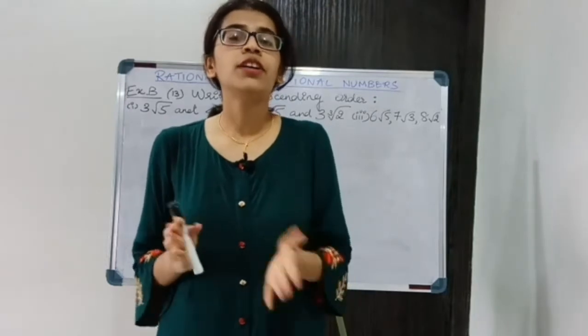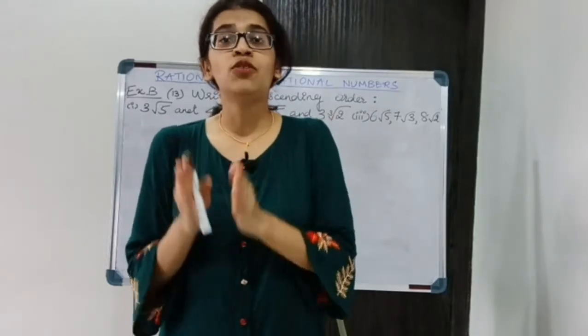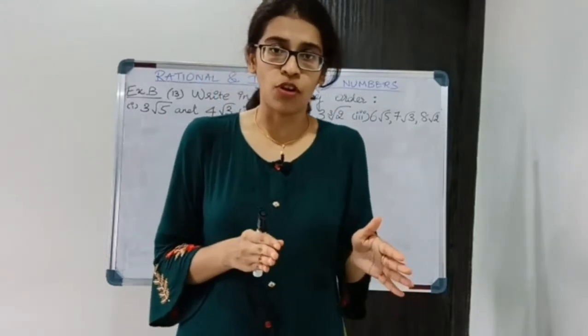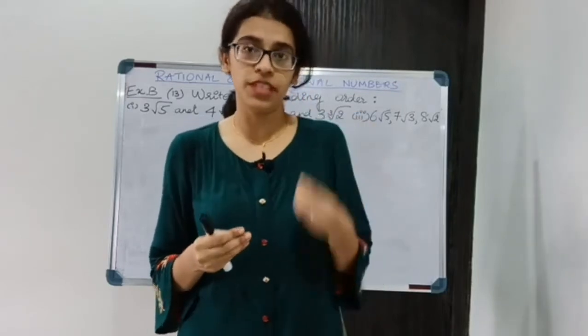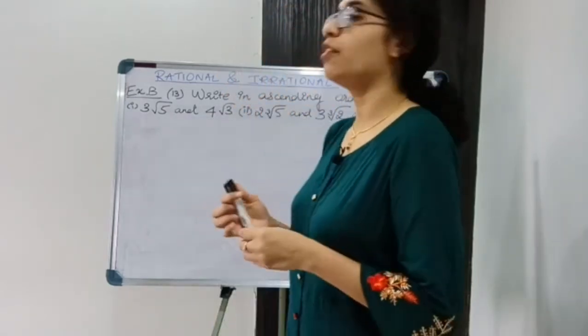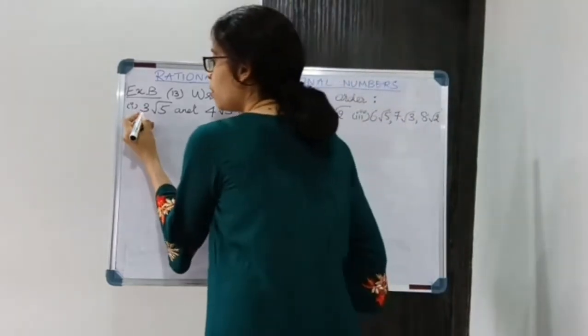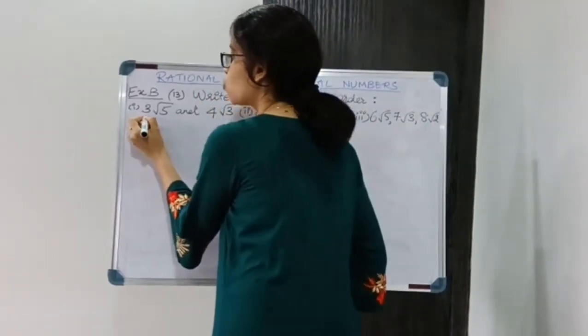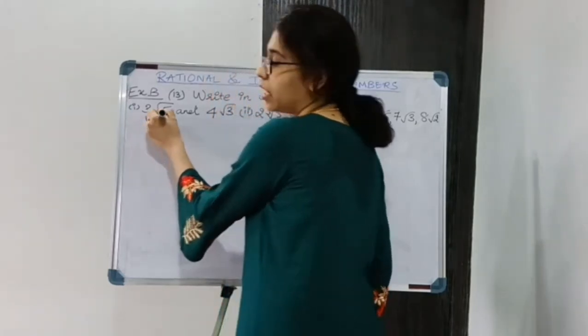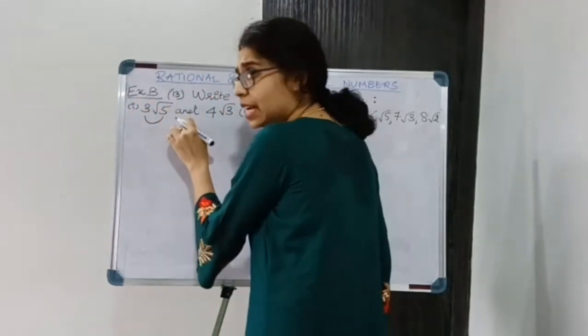Now whenever you are given roots, and you have to arrange them in some order, be it ascending order or descending order, then you have to do two things. First thing is, जो नंबर रूट के बाहर है उसको रूट के अंदर शिफ्ट करना है. You have to take it inside the root.